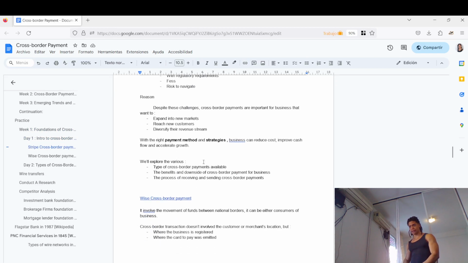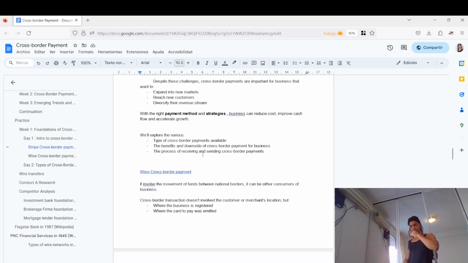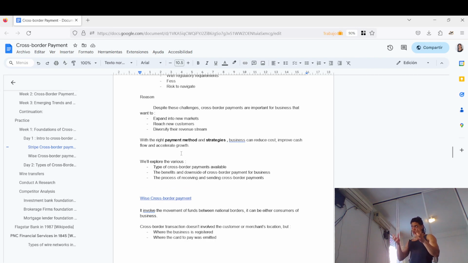So here, this is the definition from Stripe.